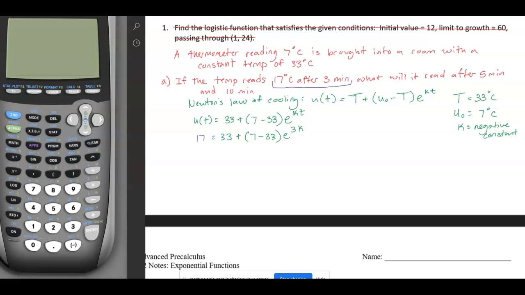So 7 minus 33 gives me negative 26. And in the same round, I'm going to subtract 33 over. So 17 minus 33 gives me how much?